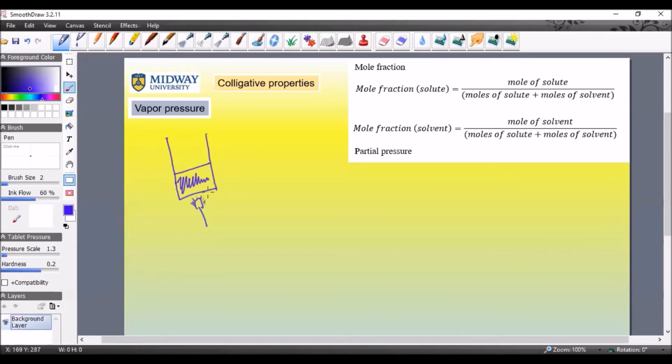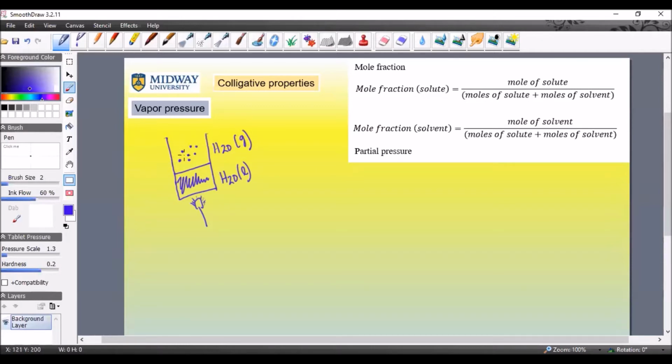Here the water is in the liquid phase. As water molecules begin to go into the vapor phase, it becomes steam. This is water in its vapor phase, or gas phase, or steam, whatever you want to call it.